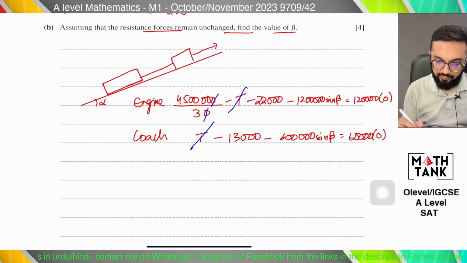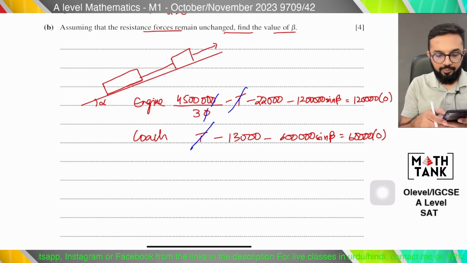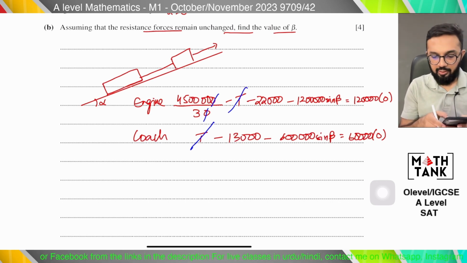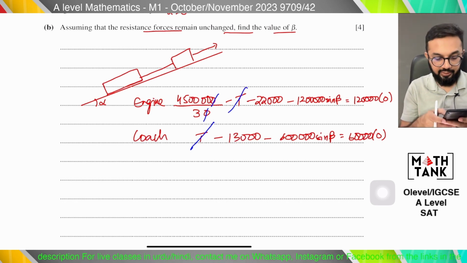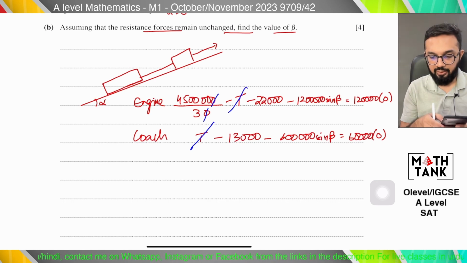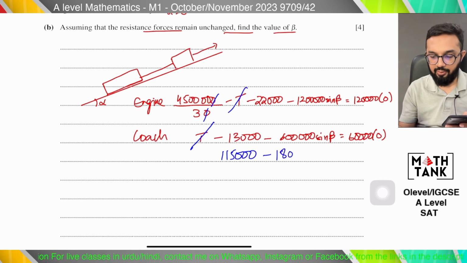So I have 4,500,000 divided by 30, which is 150,000. 150,000 minus 22,000 minus 13,000 gives me 115,000 minus 1,800,000 sine beta equals 0.